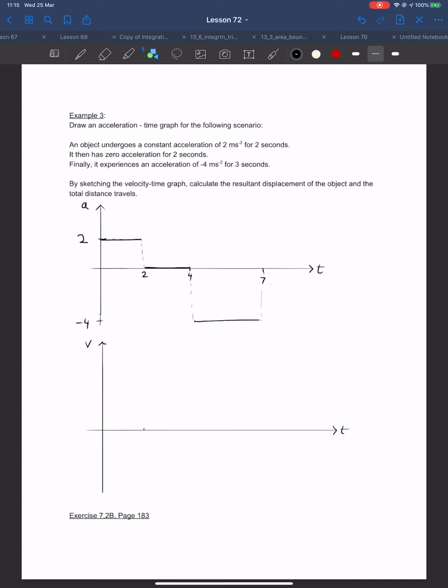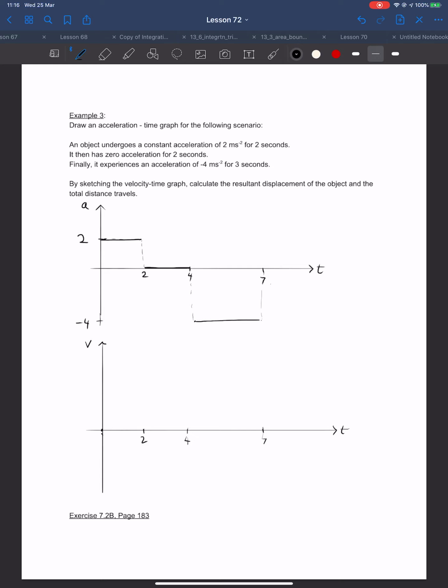Okay, so let's just put these marks on here because these will be helpful. 7, 4, 2. So it undergoes a constant acceleration of 2 metres per second squared for 2 seconds. So it starts off at 0. Well, does it start at 0?